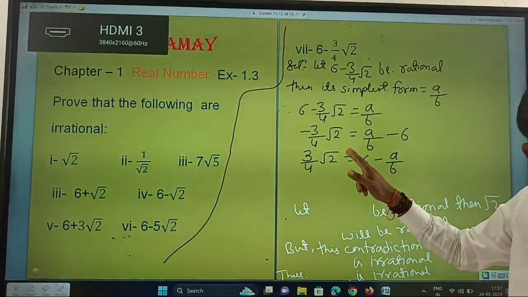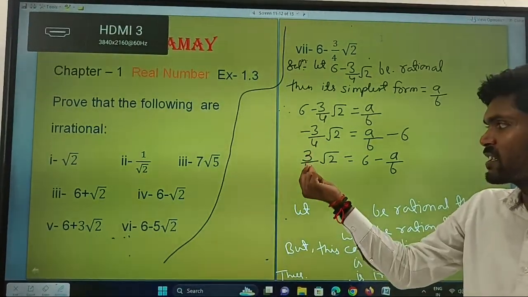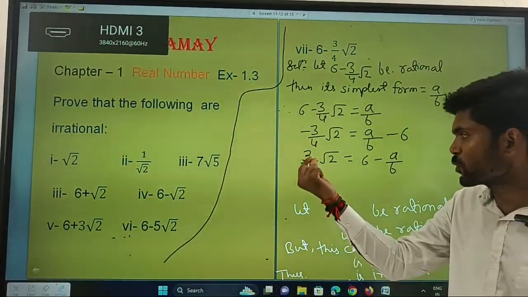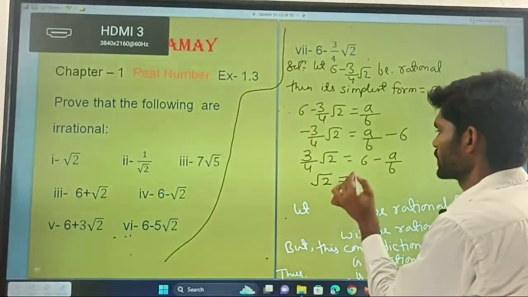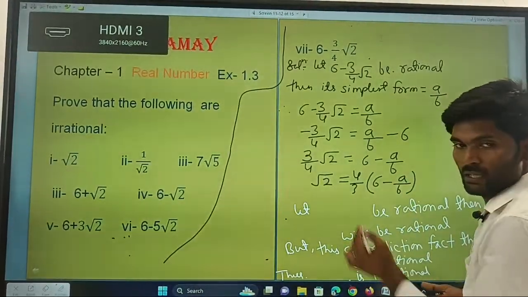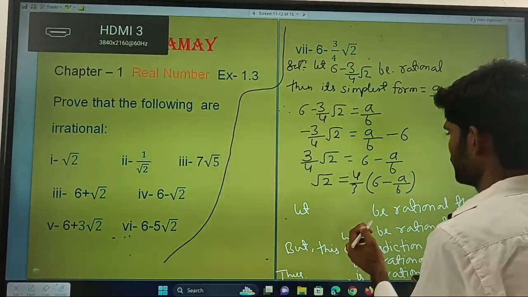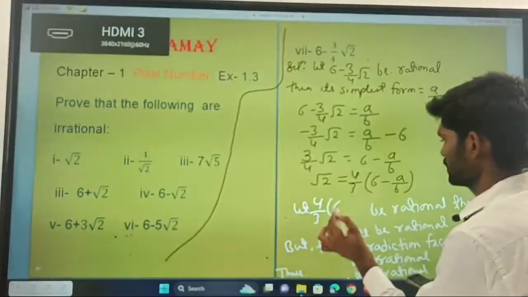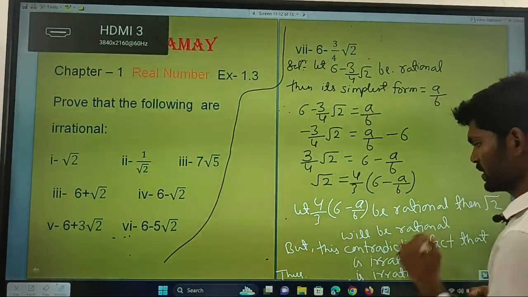If you divide, then change to multiply, that is the reciprocal. Reciprocal of 5 is 1 upon 5. What is the reciprocal of 3 upon 4? Good. Then write under root 2 times 4 upon 3. Clear? Then write: will be rational.